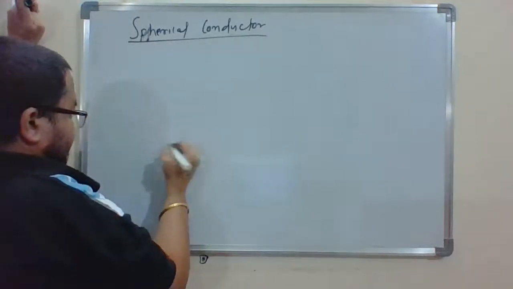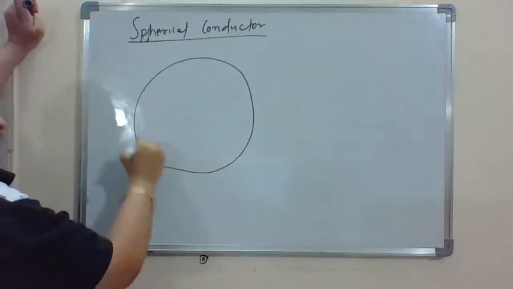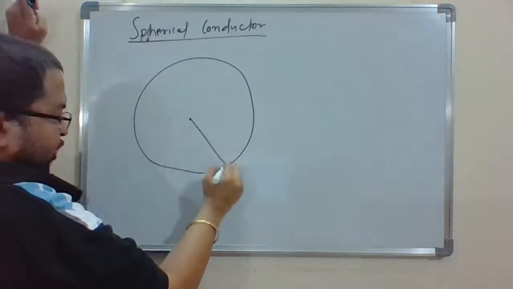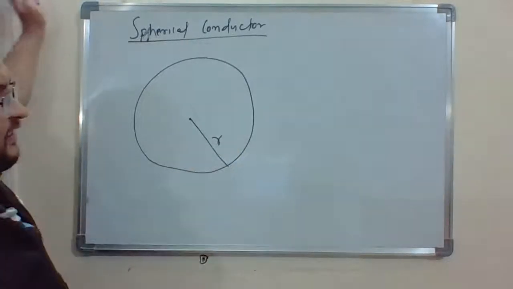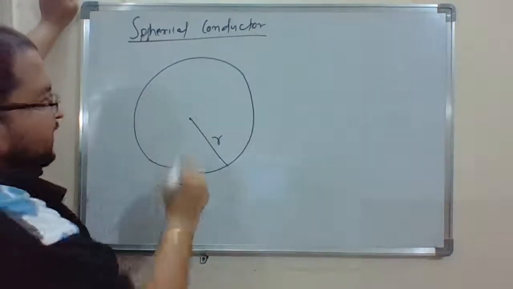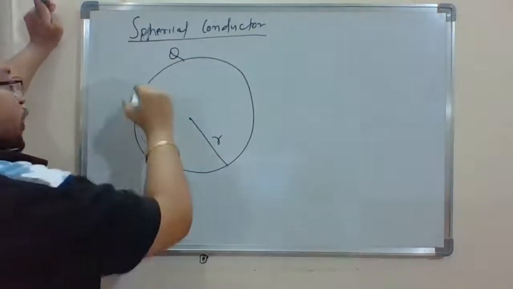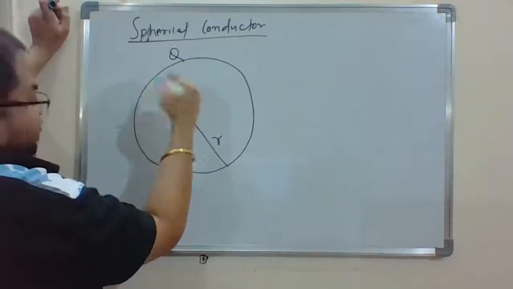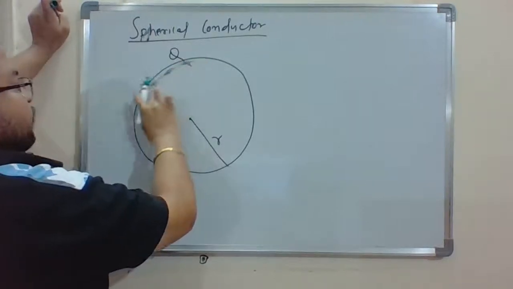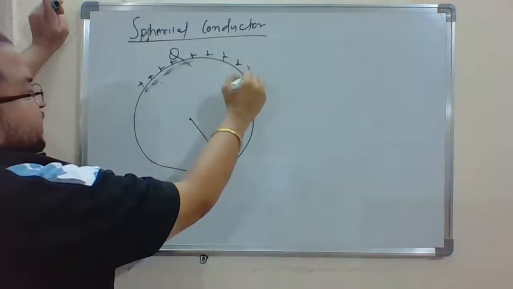So what are we doing? We are saying that suppose we have a spherical conductor of radius r. If I have given it a charge q, and assume that it's a positive charge, you can take negative also, not an issue. So obviously that positive charge q would have got spread on its surface, right?